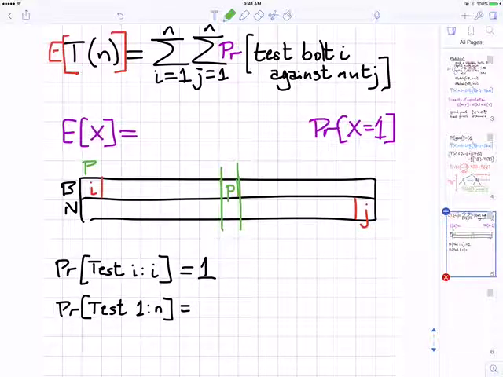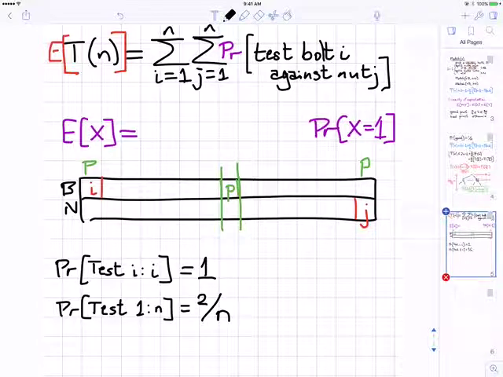In particular, it's compared to the largest one. On the other hand, if the pivot is the largest bolt, I'll compare it to every nut, and in particular, I'll find the match that's the largest nut, and then I'll take the largest nut and compare it to every other bolt, in particular, the bolt number 1. Okay? So there are 2 choices for the initial pivot that lead to testing that particular pair of objects. And so the answer to what this probability is, is 2 over n.